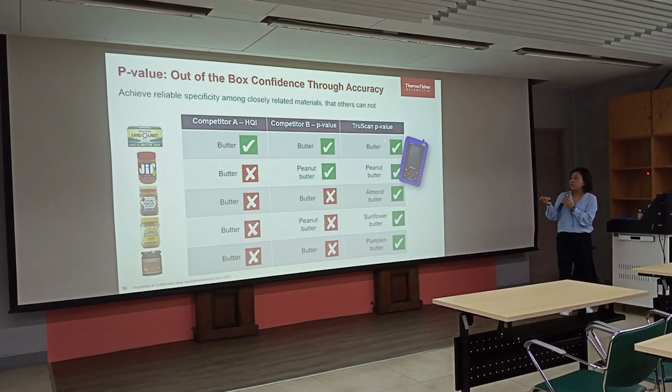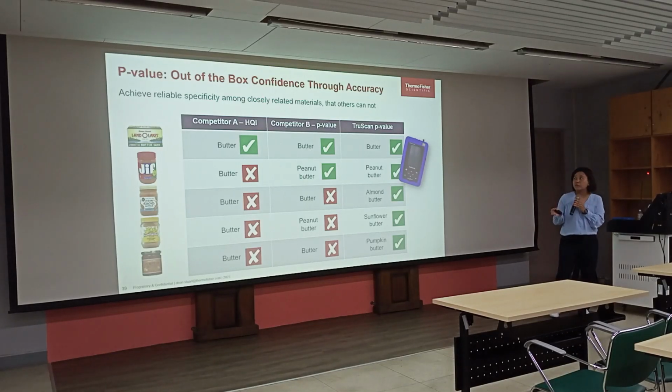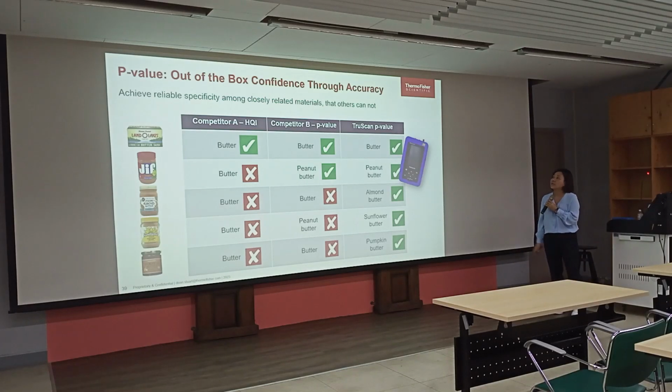With our TruScan p-value, we can easily differentiate: this is butter, this is a peanut butter. So each type of butter can be differentiated instead of putting them all together as a butter. This means our p-value has very high selectivity to differentiate similar materials. So I put in our daily product.